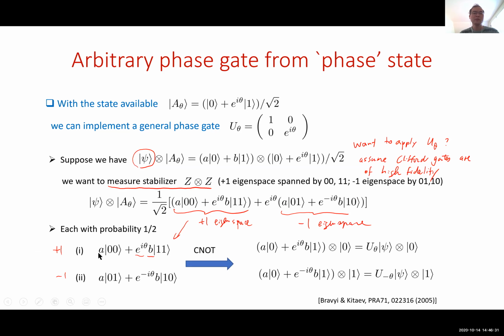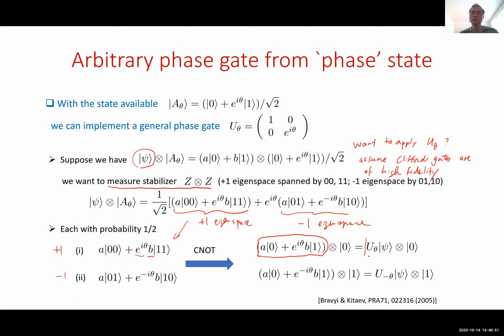If you get a +1, then you are in an entangled state like this. If we apply the CNOT gate, then we disentangle the second qubit to 0. This is what we wanted, right?